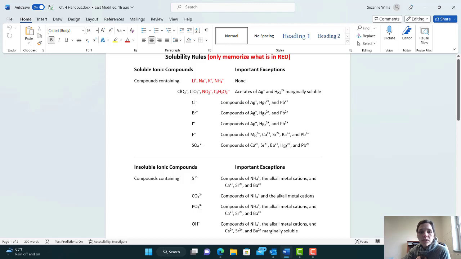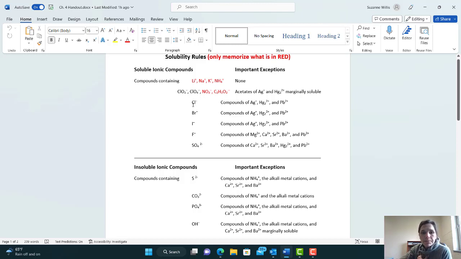So these red ones right here are really important because in general, we say that if they are in an ionic compound, they make the compound soluble. There may be a couple of exceptions listed, but the ones in red, we are going to automatically say those compounds are soluble, okay, on a test.